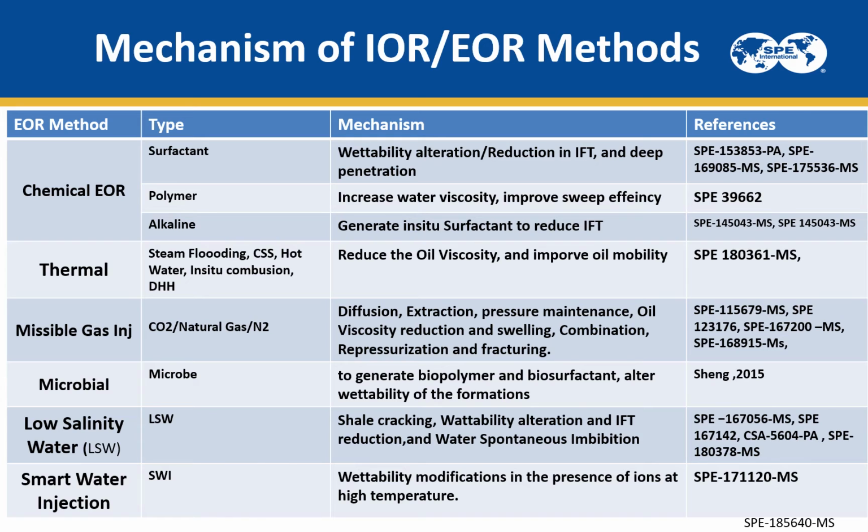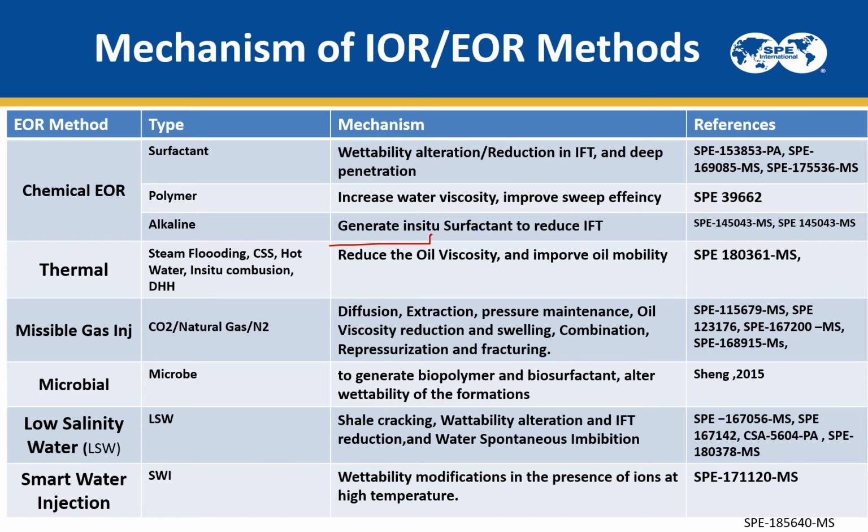When we use polymer, the main function is to increase the water viscosity, which leads to improving its efficiency. When we use alkaline, the alkaline will generate an in situ surfactant in order to reduce the IFT.